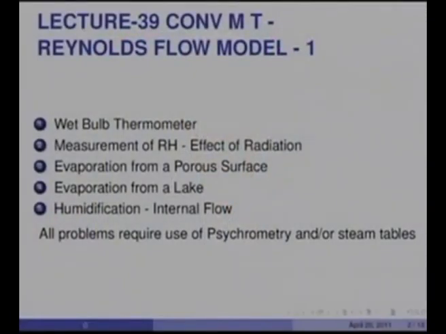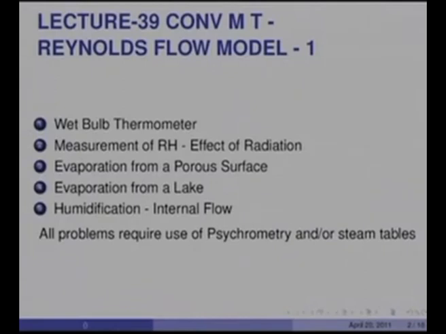The wet bulb thermometer, the measurement of relative humidity in a ducted flow, where we shall estimate the true vapor concentration or the RH, allowing for the effect of radiation and without the effect of radiation. Then we will consider evaporation from a porous surface and then evaporation from a lake.